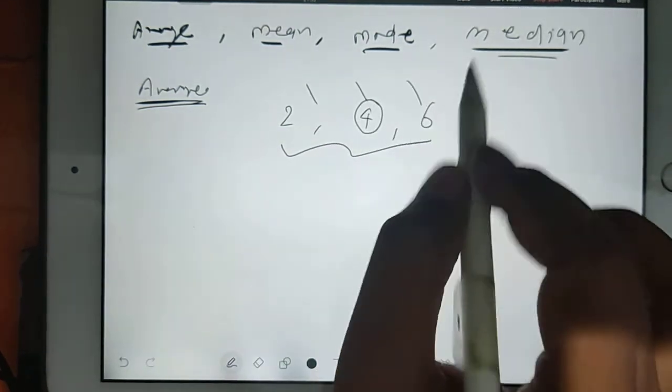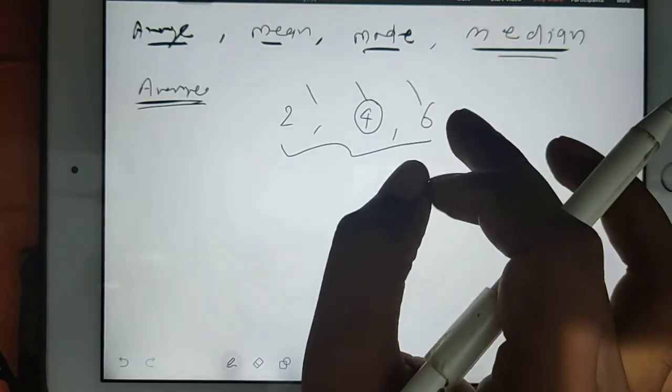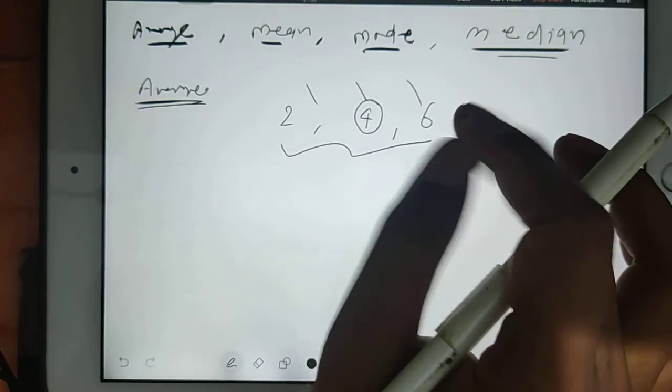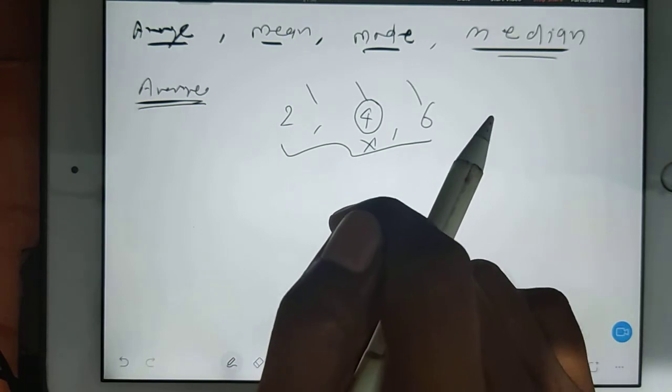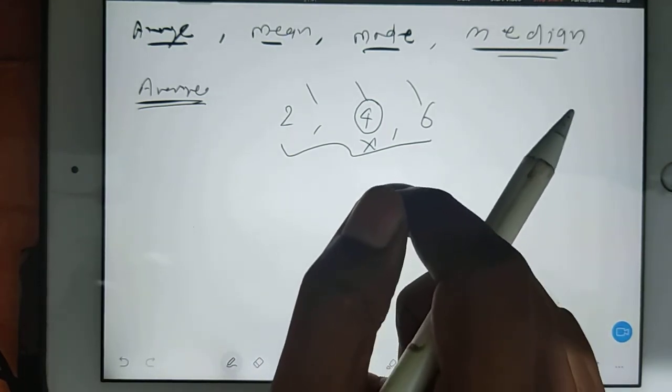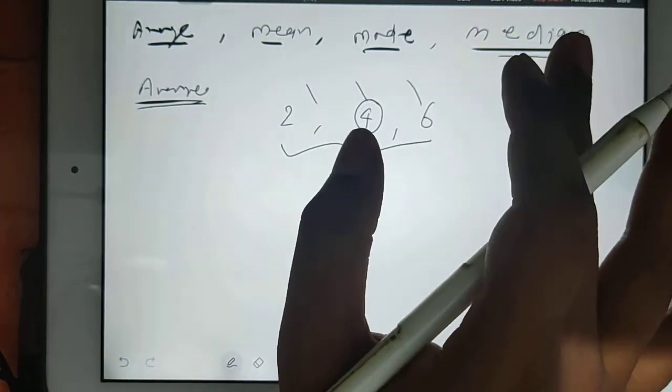Right now I have written things in a very simple format, but what if it looks very dangerous, in decimals, and not only 3 numbers? Suppose you have 3000. In that case, how will you find out? That's why we have the concept of average value.